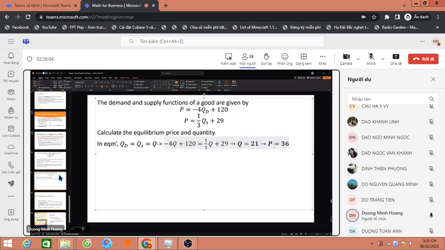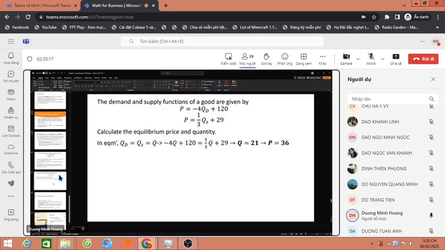Do not leave anything out. Do not stop at Q equals 21. You will lose points during the exam if you don't answer what the price is over here.